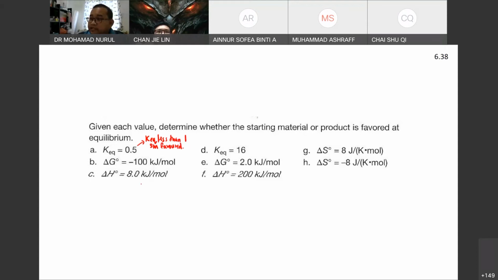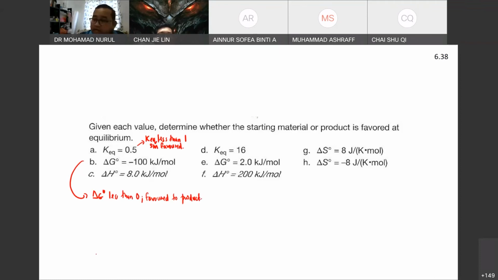Okay, B, delta G is minus 100 kilojoules per mole. Macam mana nak tulis? Delta G not less than 0. So they favor product.